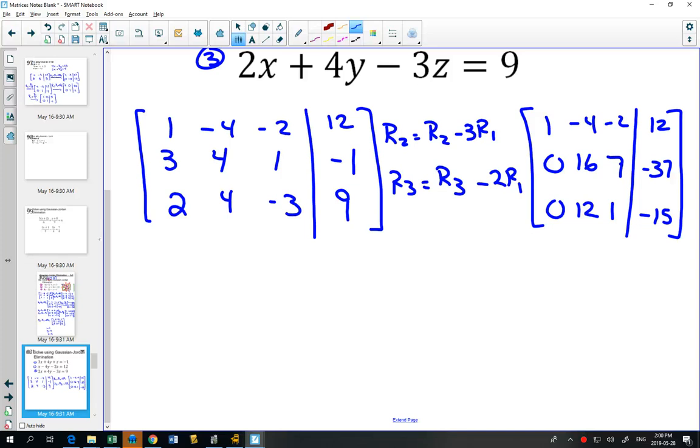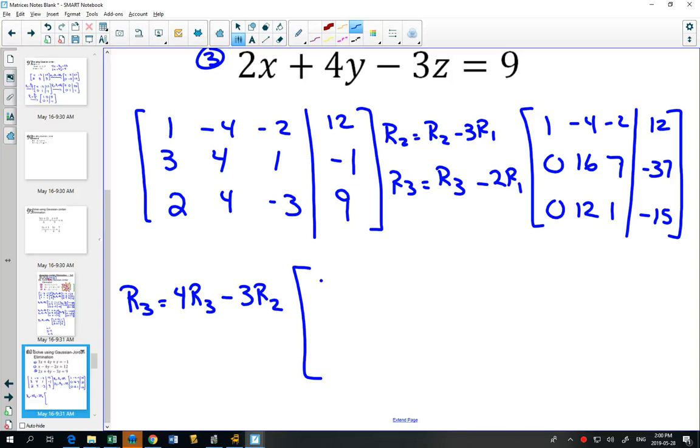Sometimes it might help to change them, or you can do it all at once, and I'm going to make row 3 equal to 4 row 3s minus 3 row 2s. Why would I do that? Because that's going to give me 48 here and 48 there. And when I subtract, it's going to be equal to 0.